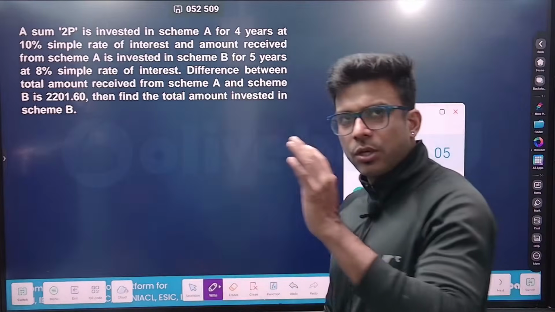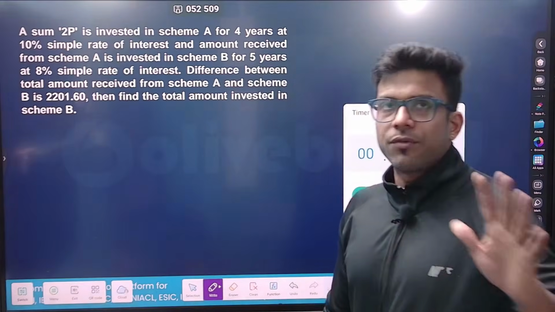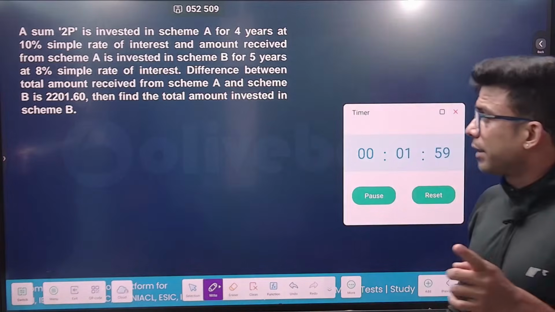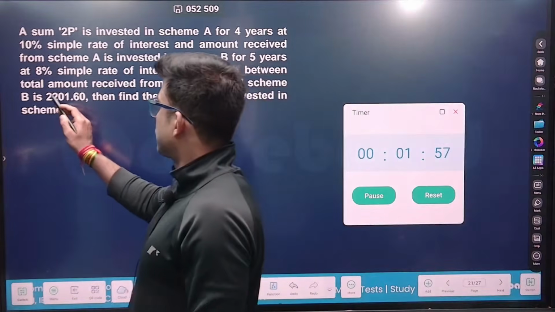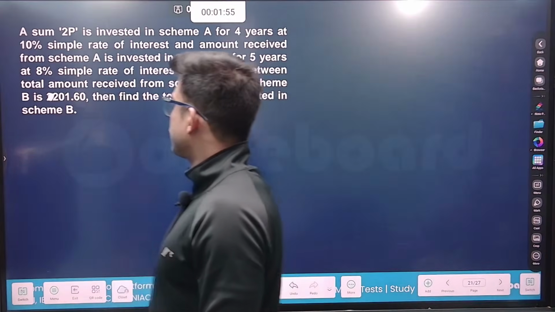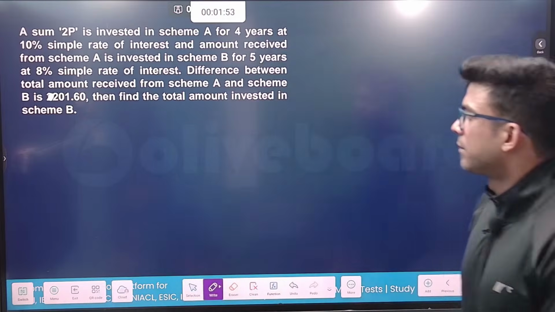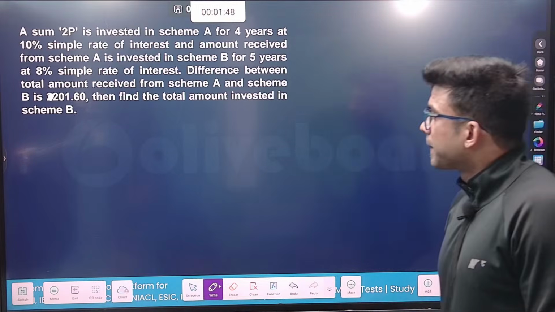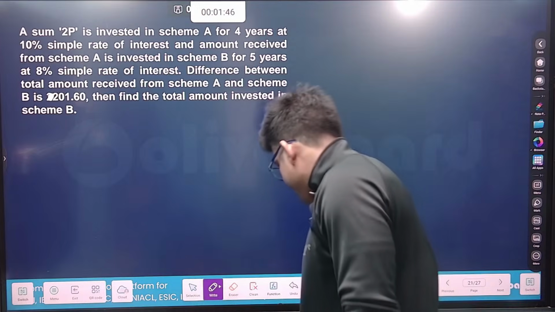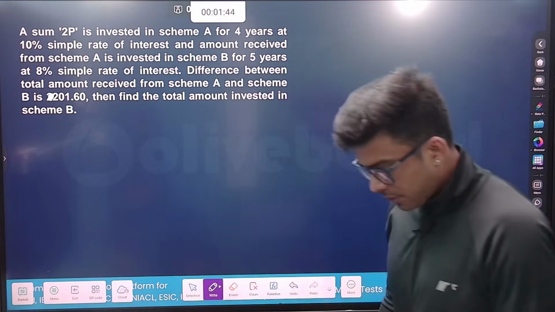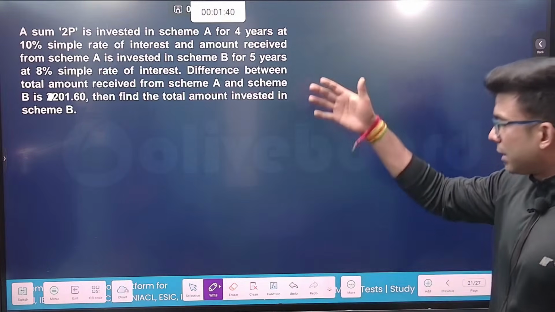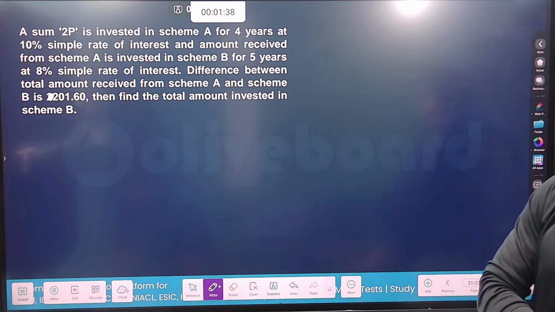We'll do this slowly, so that every one of you can understand the logic behind it, and then we'll solve the question. Also don't forget, guys, this is 201.60. I think this has been a mistake from my end. Okay, that's fine. Come on, everyone, please do it slowly. Do not go in a hurry. Try to understand the logic, what kind of question they are asking.